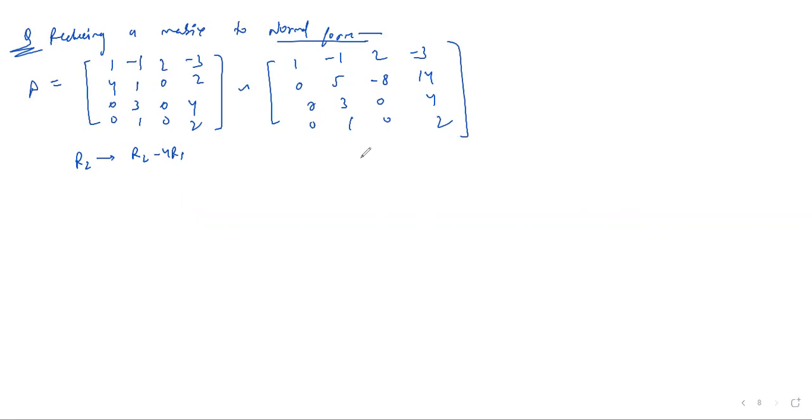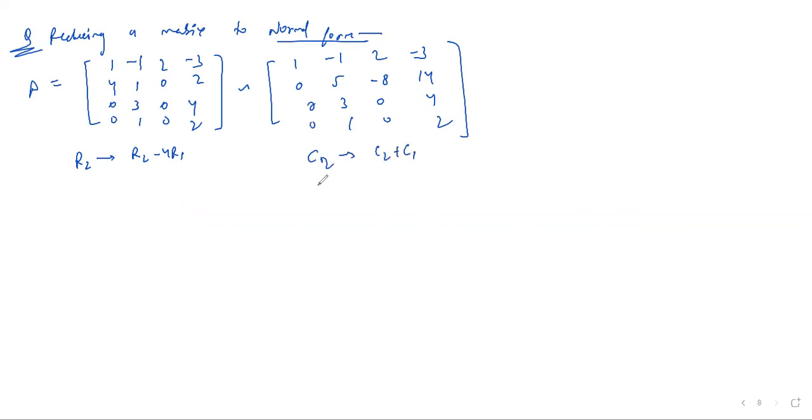Now in this matrix we will apply transformations in C2. We have to make all these elements 0 by the help of this element, because we have this 1 here. So by the help of this we'll make these elements 0. We will apply C2 as C2 plus C1.